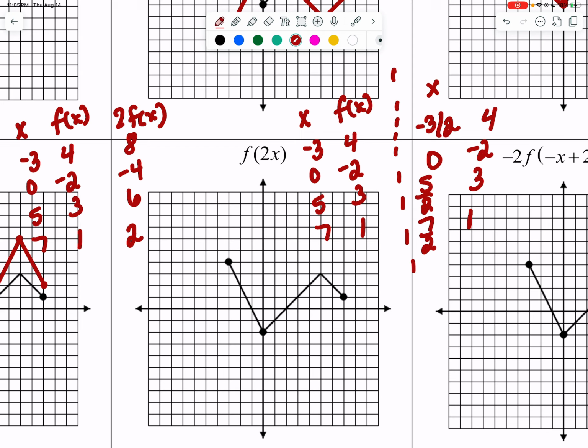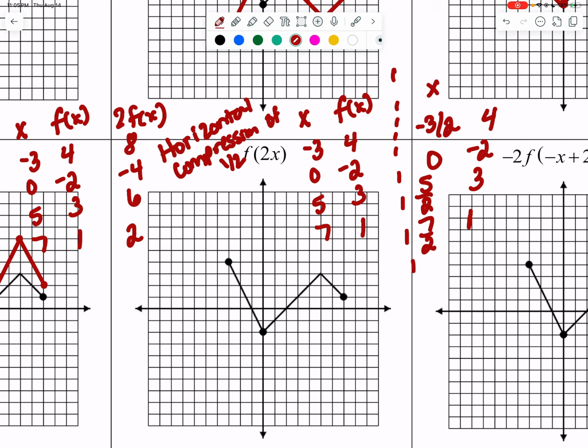So as a reminder, this is a horizontal compression of 1/2. And you'll see that the x values are going to get skinnier here.